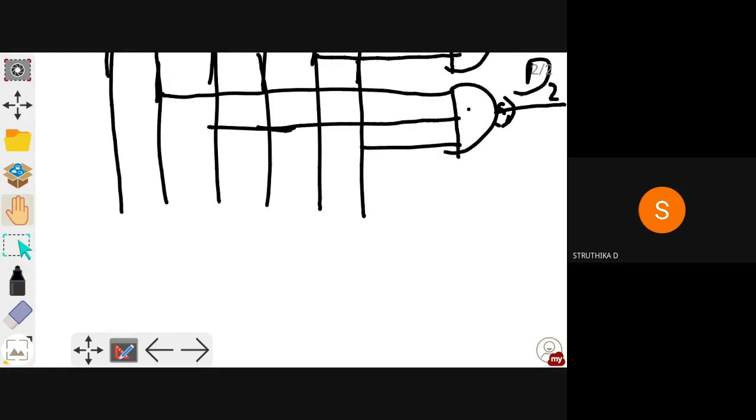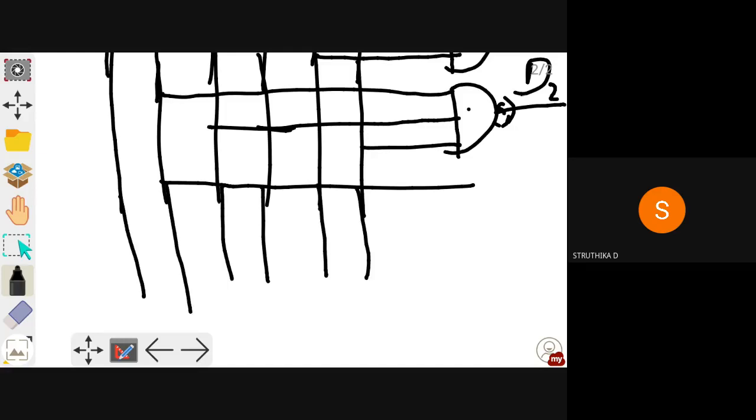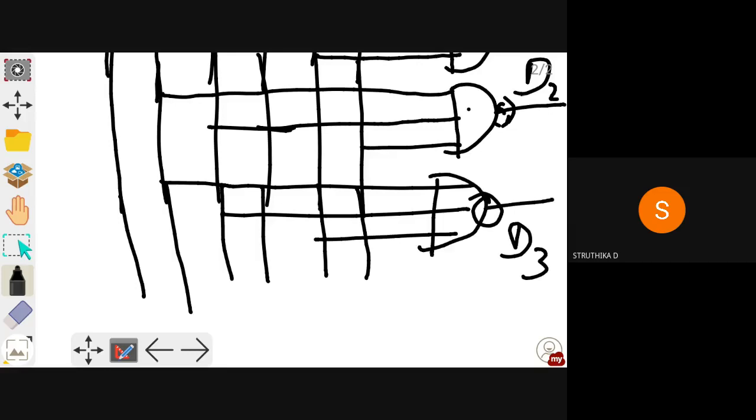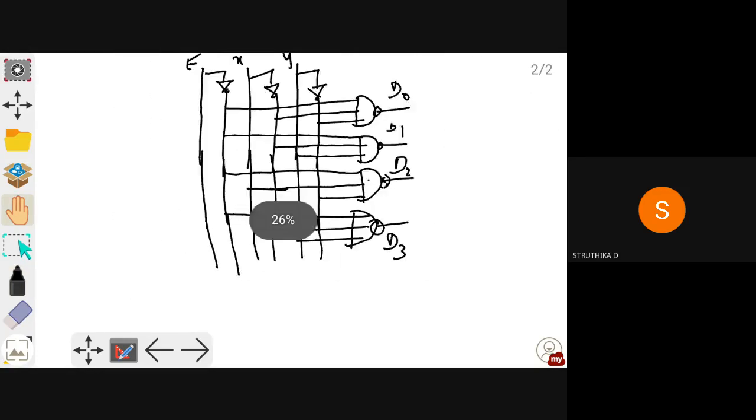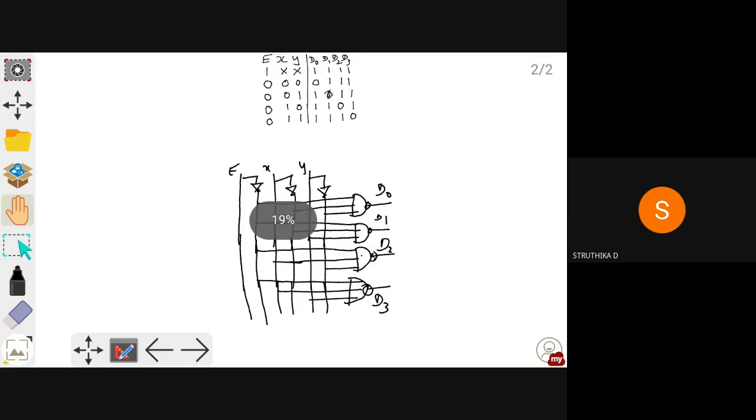Then D3 will be E bar, X, then Y. So this is D3. So this is the logical diagram for the 2 to 4 line decoder with enable input. That is, along with the input, you have to include the enable also.